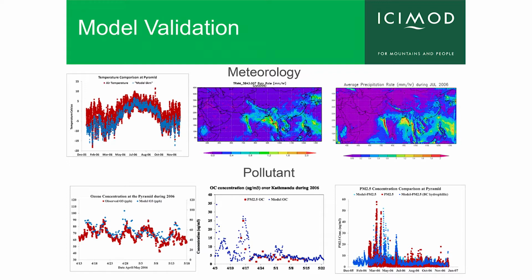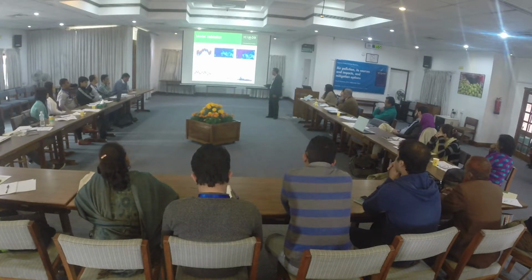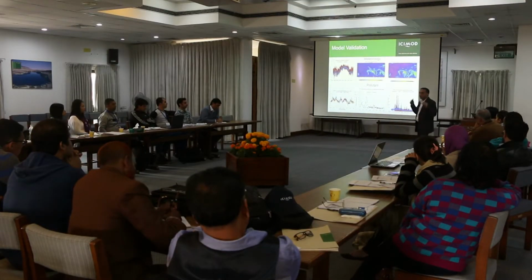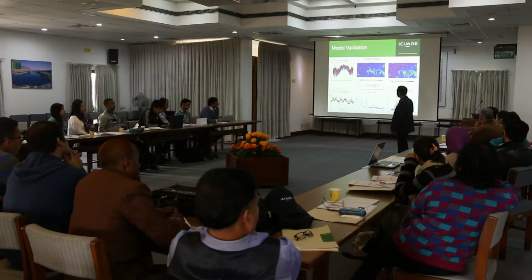So there are some skills. It captures seasonality. This is one for the whole year, run at every 15 minutes. Of course, there's some lower bias. There are some issues. Again, same thing here. There are some skills. It's capturing the pattern, but then there are some issues. Same thing here. So these are comparisons with point stations. You can also do comparison at spatial scales. So this is my meteorology compared with TRMM satellite.